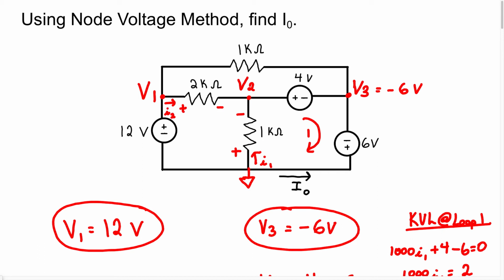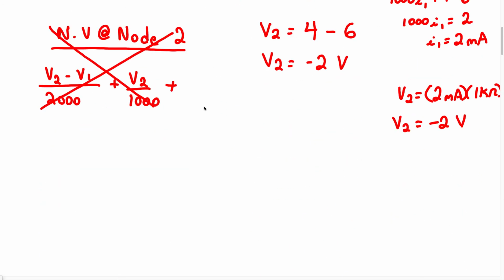and to find the voltage, all I'm going to do is I'm going to take the difference in voltages between V1 and V2 and divide by 2000. So we can say I2 equals V1 minus V2 divided by the resistor, which is a 2K resistor, so 2000.